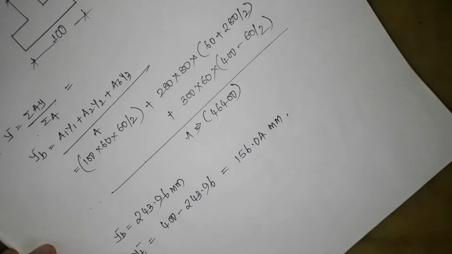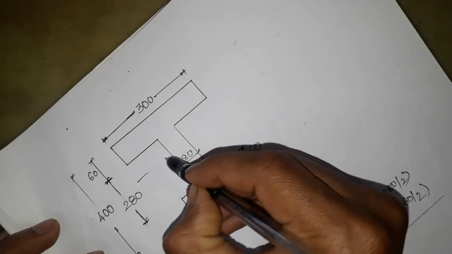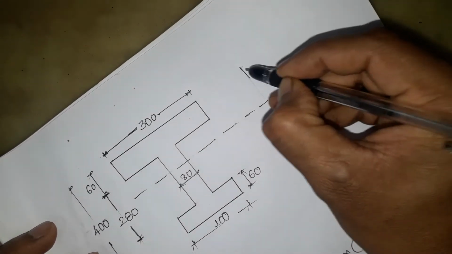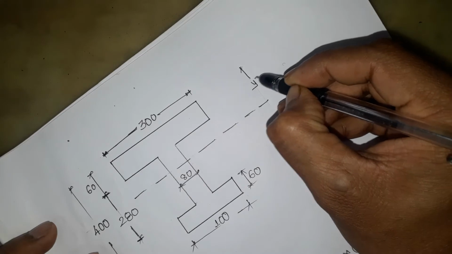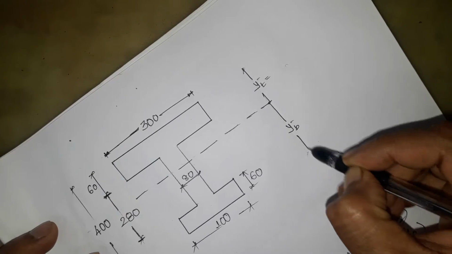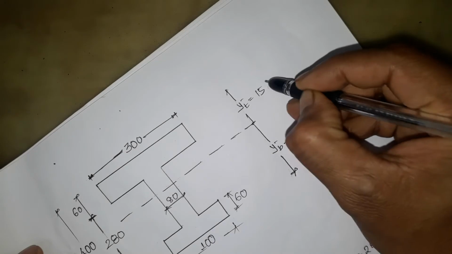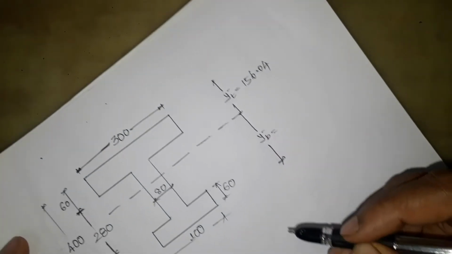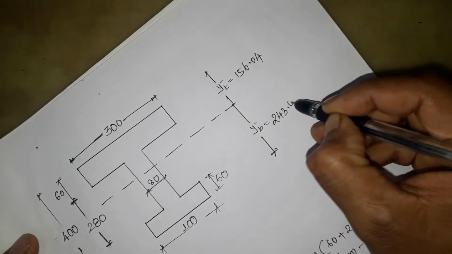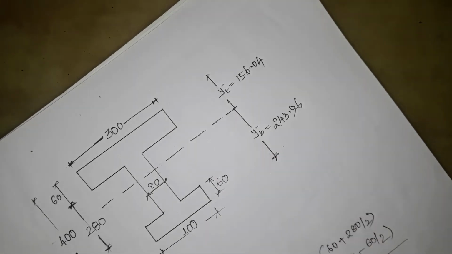So we got the CG distance, and I can locate the CG here, somewhere here. y bar t from here is 156.04, and here y bar b is 243.96. Okay, understood? These are the properties you have to note down and calculate.